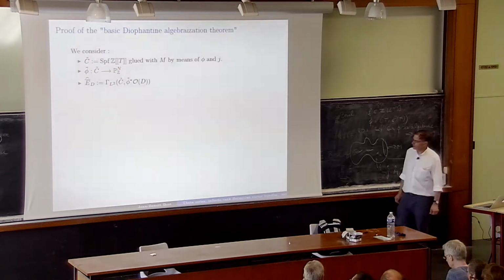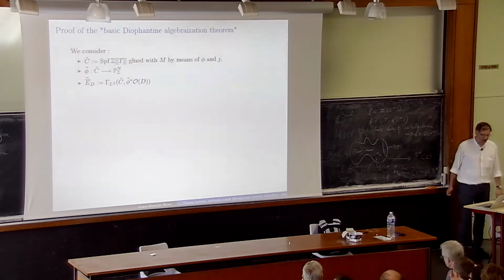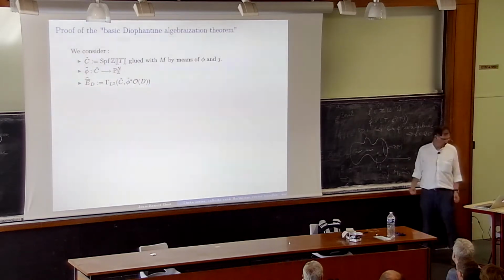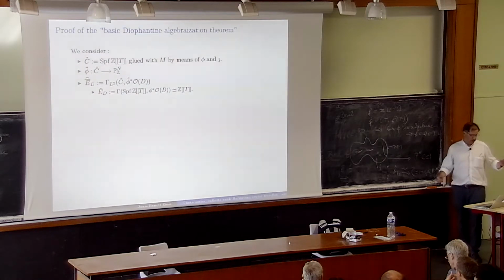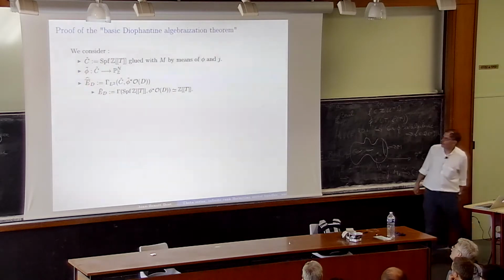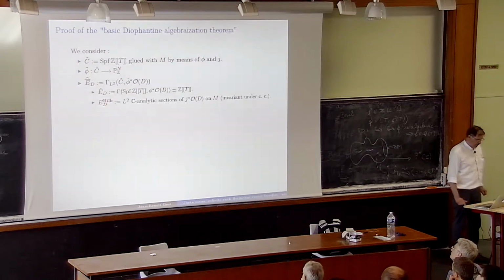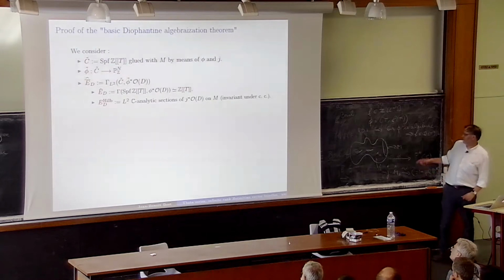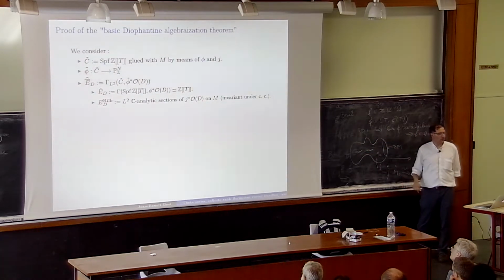Now you may consider some avatar of the space of sections of O(D) on these objects. I don't want to explain the formalism completely, but you may take the formal sections of the pullback of O(D), which is a space of formal series, and you may take the L2 analytic sections that constitute some Hilbert space of sections of O(D) on your embedded analytic Riemann surface with boundary.